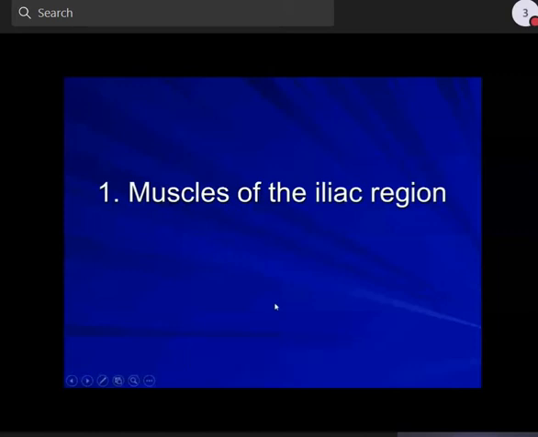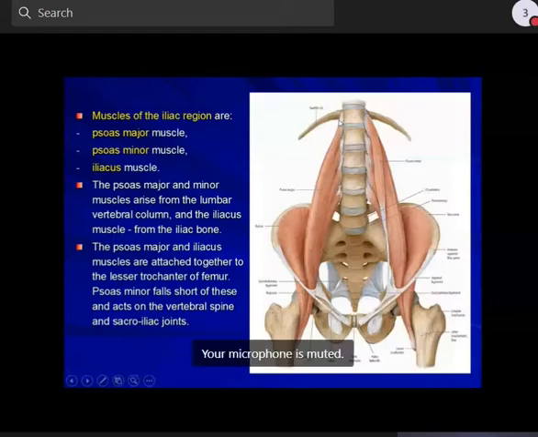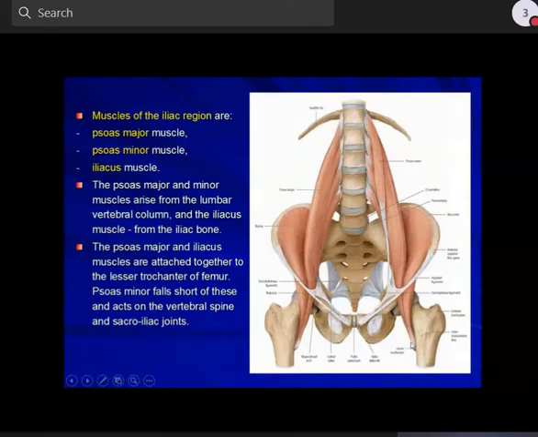So the muscles of the iliac region are composed of one muscle separated into three parts. Such a muscle is called the iliopsoas muscle. Psoas means lumbar. The iliopsoas muscle consists of three parts.